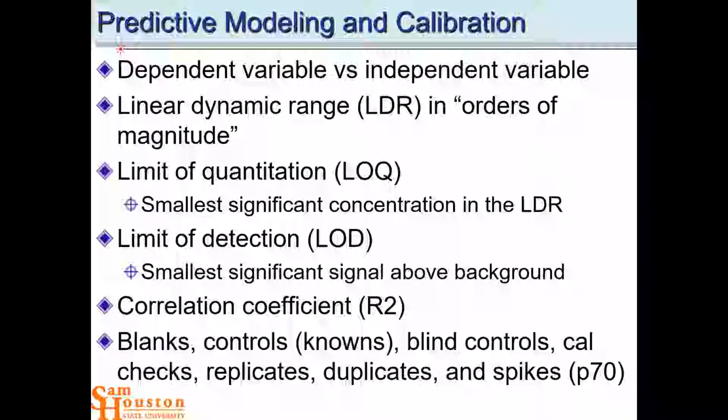Replicates are running the same sample through multiple times, and duplicates are samples prepared in an identical way. And then spikes, you can take a sample and spike it with more analyte. And so you've got a sample that comes in maybe low on your dynamic range, but you spike it with a little bit more, and it puts it up into the middle of your dynamic range.